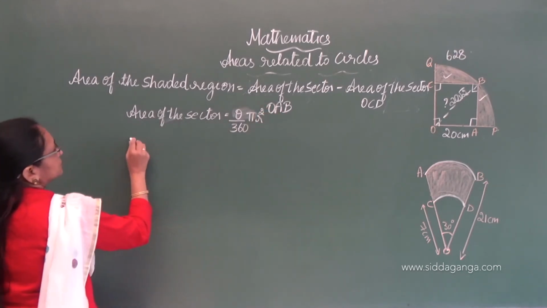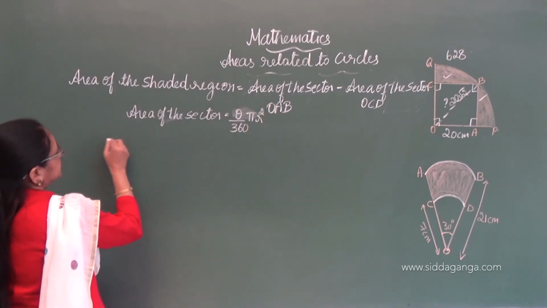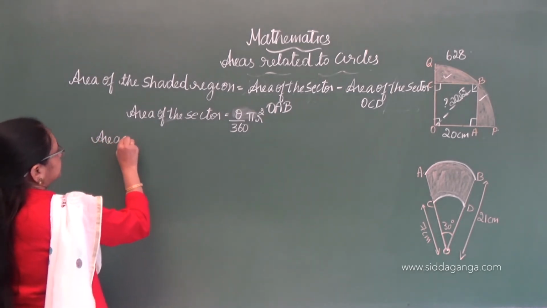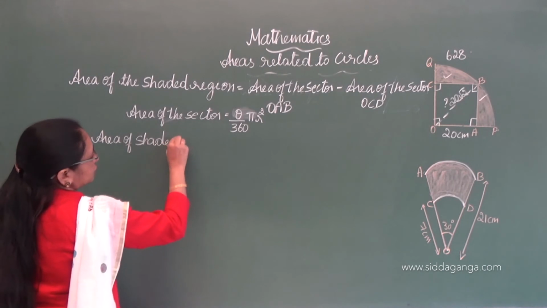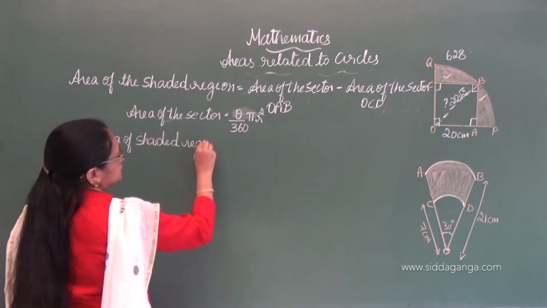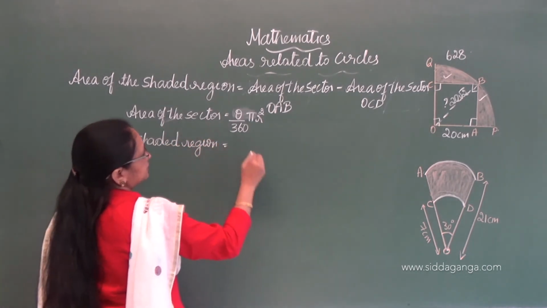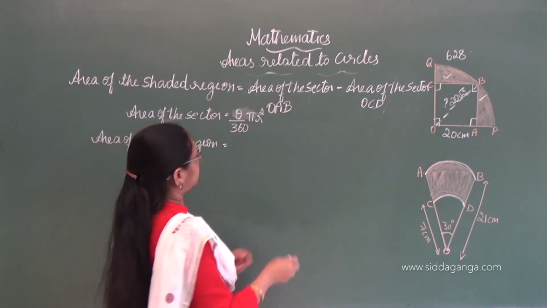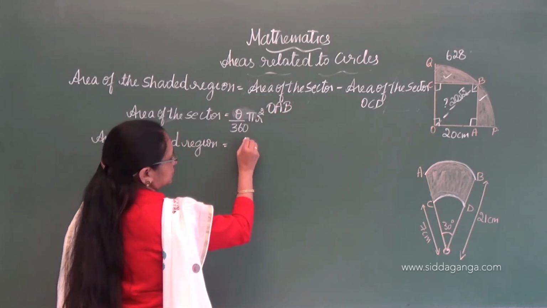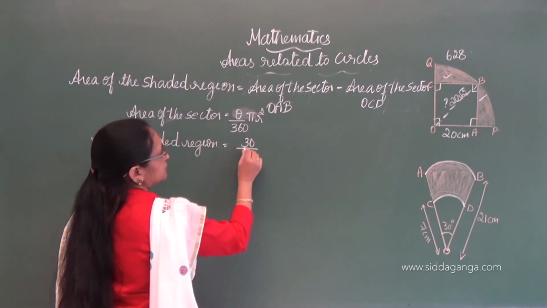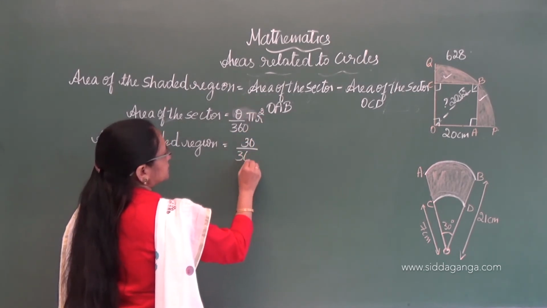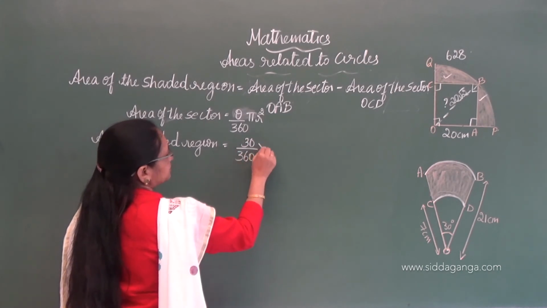Now, area of the shaded region, you have already done this type of sum previously. Area of the sector OAB, so theta by 360. Once I have written the formula, no need to write it again: 30 by 360.